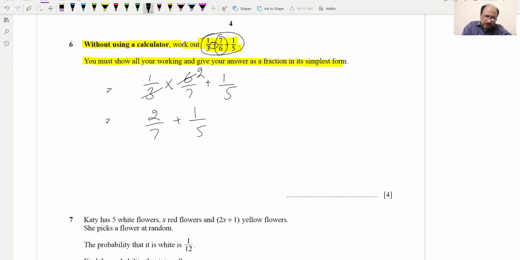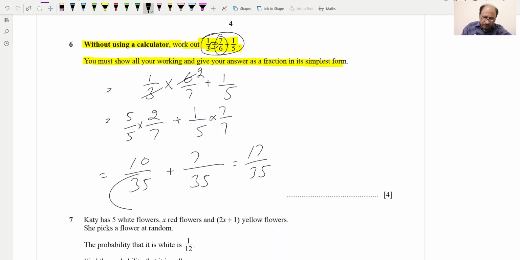Now we can equalize the denominator, so we'll multiply this by 5 over 5 and this one by 7 over 7, and this will become 10 over 35 plus 7 over 35, and this will be 17 over 35, because denominators are equal, so we can add numerators.